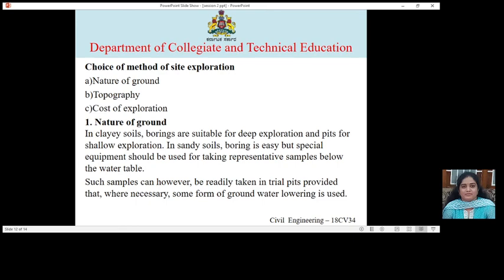Such samples can, however, be readily taken in trial pits, provided that where necessary, some form of groundwater lowering is used, because to get the sample, the groundwater lowering should be done.